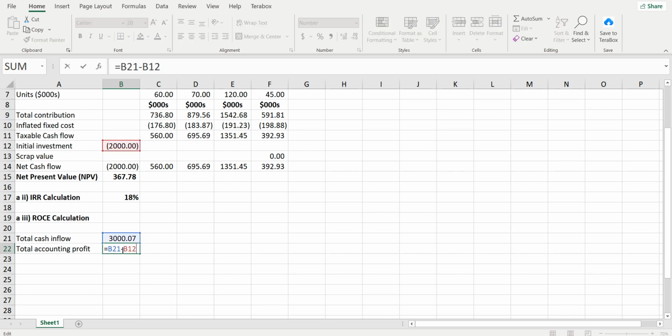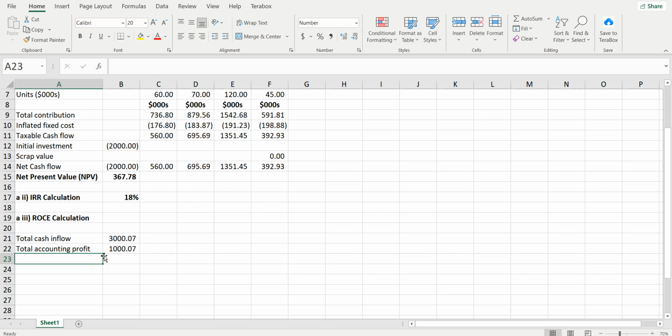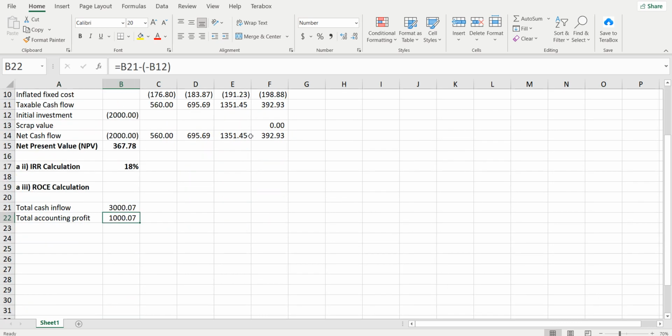Oops, we have to do this minus because it's in minus. So that's the way to do it. Now we have our accounting profit. So this profit is for 4 years because this is for 4 years total.